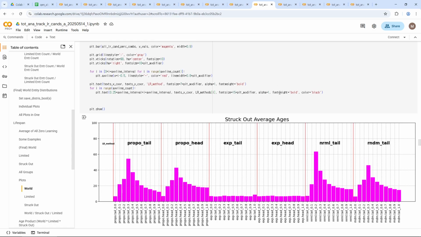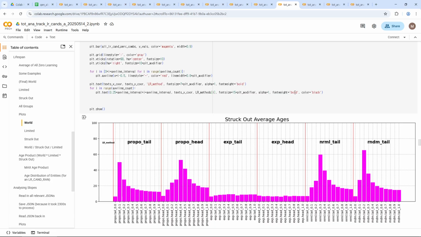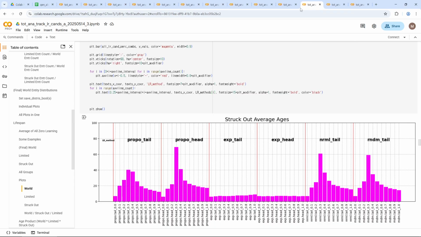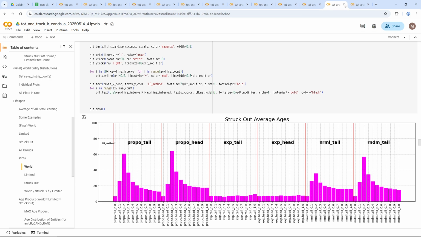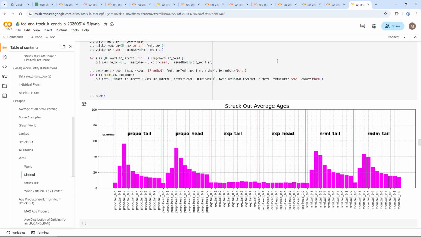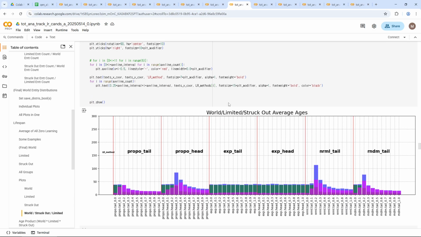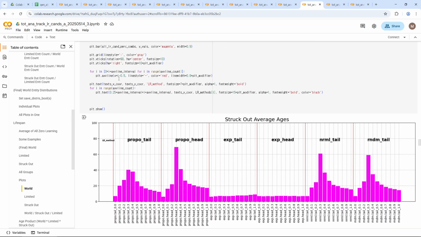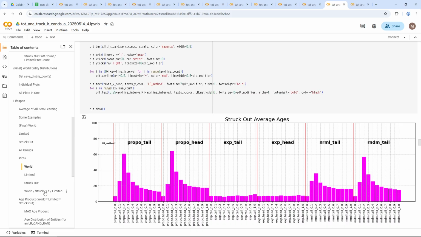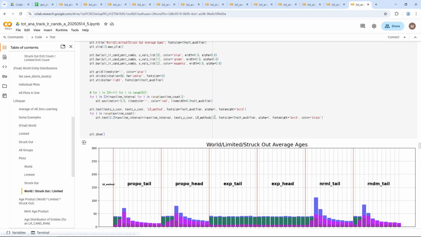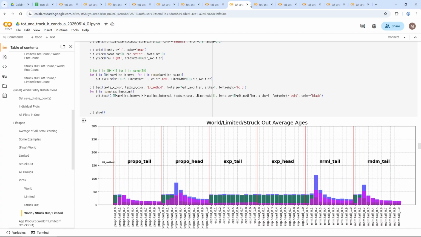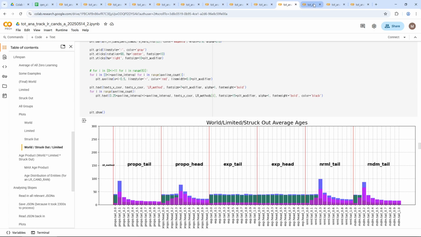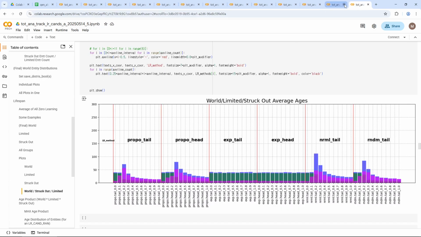Proportional tail, proportional head, exponential tail, exponential head, normal, and random. Okay. And everything together.